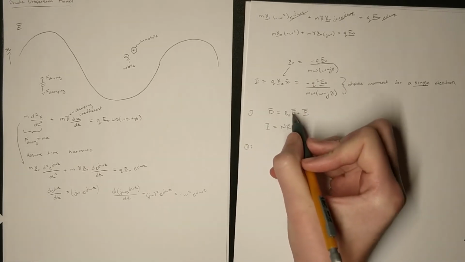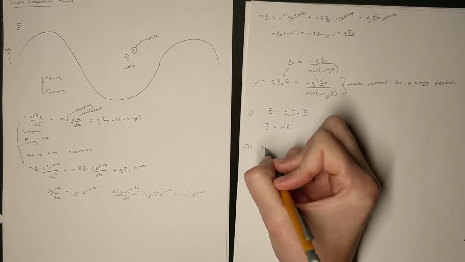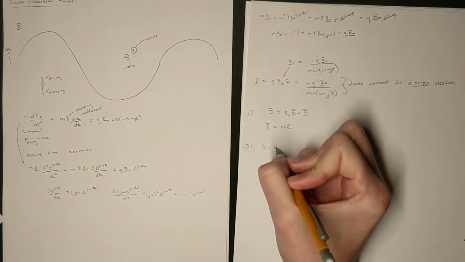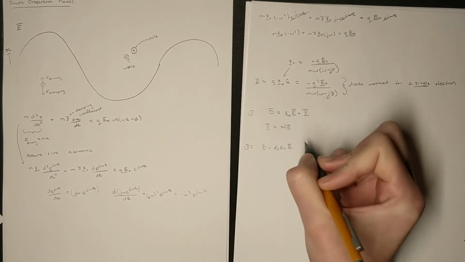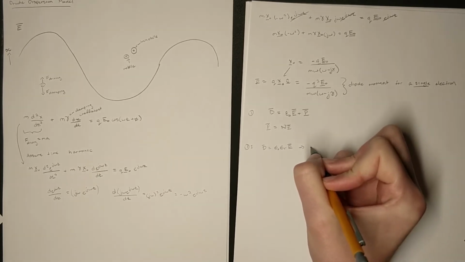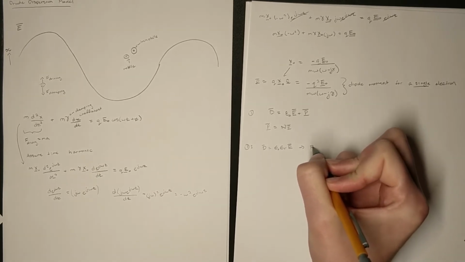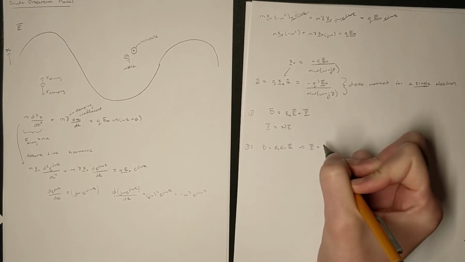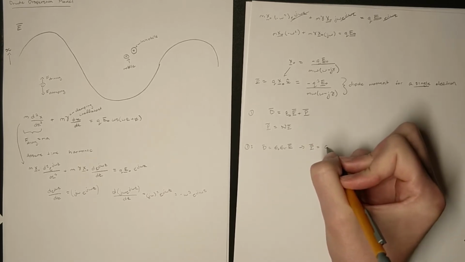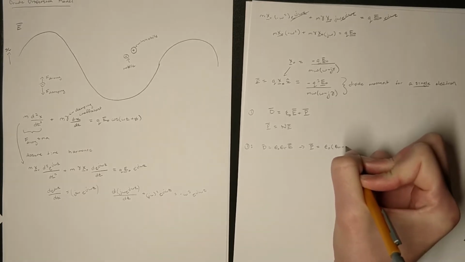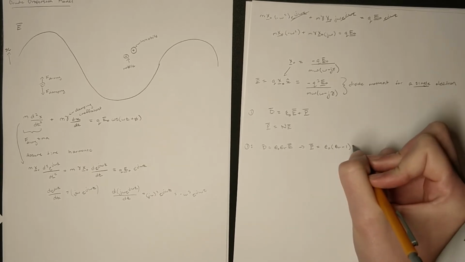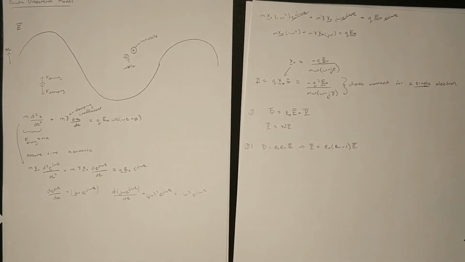We can solve for the relative permittivity as D is equal to epsilon naught epsilon r E, which results in our total dipole moment being equal to epsilon naught times epsilon r minus 1, all times our electric field.